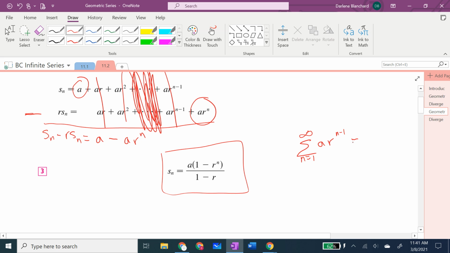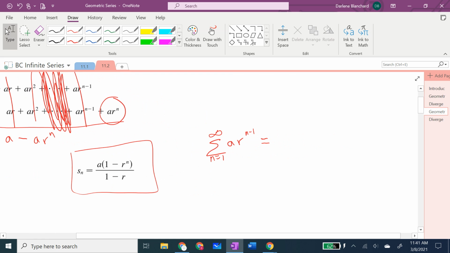The sum of this infinite series is equal to the limit as n approaches infinity of this formula. And then I'm going to go over to what the textbook wrote up to save us a little bit of time with that limit as n approaches infinity.